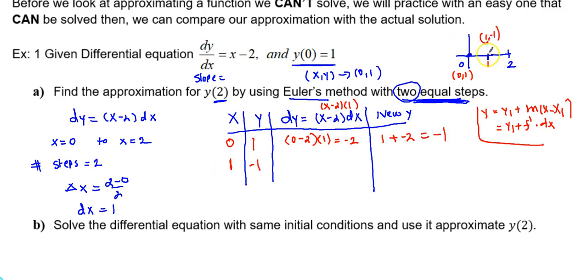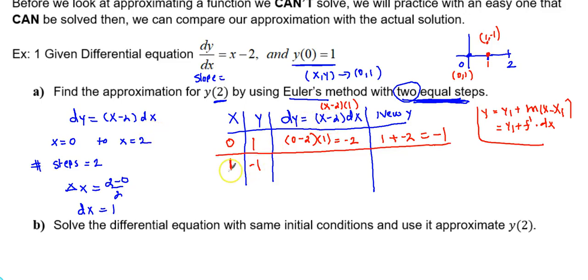I'm just showing you the coordinates here, not necessarily to scale. I use the same slope formula for my next step. Now this is your new value, and you start from scratch again. The slope is still the same equation.